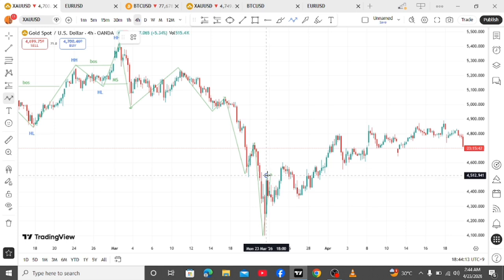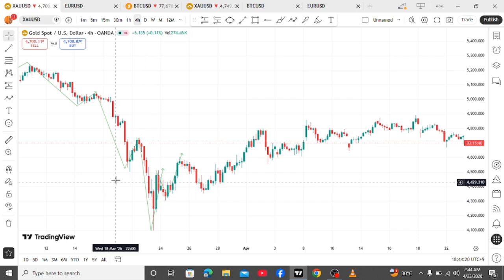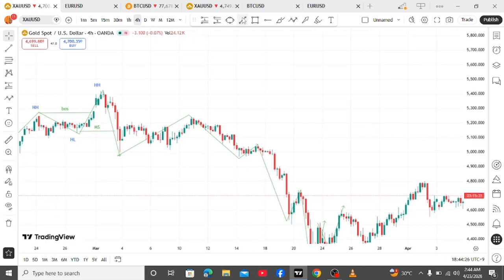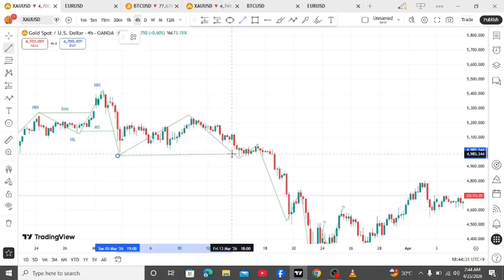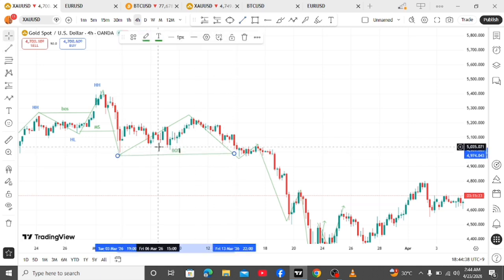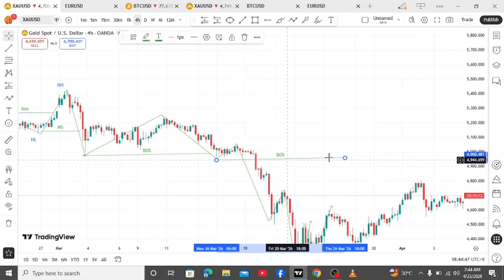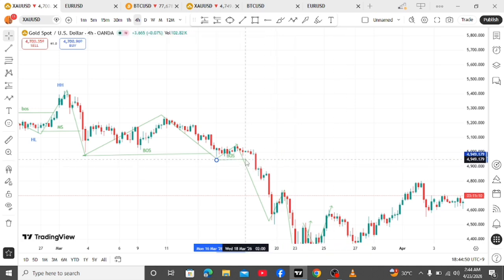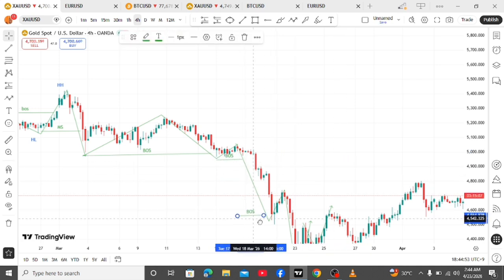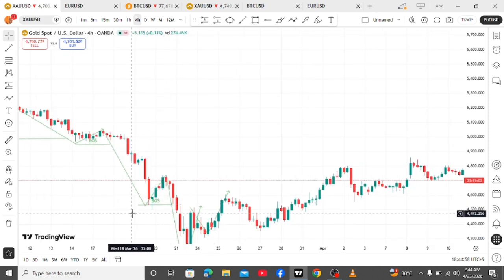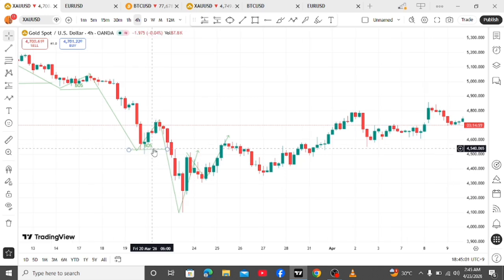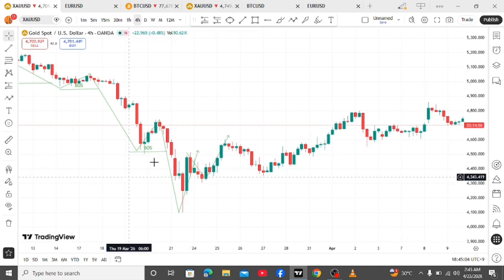A market shift. So these are your break of structure to the downside. So these are your break of structure to the downside.